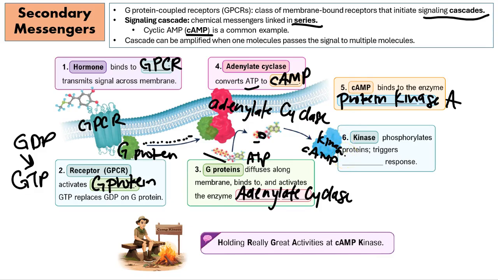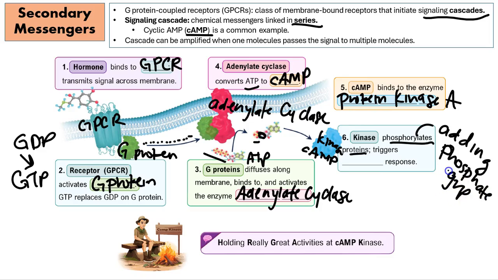That kinase protein has a big job. It has the ability to phosphorylate other proteins. Phosphorylate just means adding a phosphate group to something else. In this case, the kinase is going to add a phosphate group to other proteins.